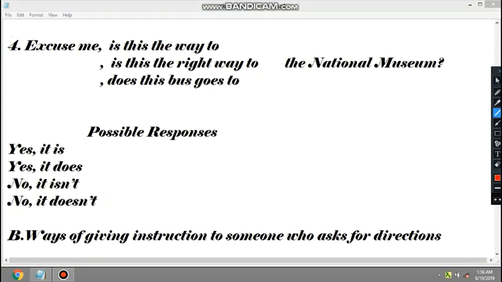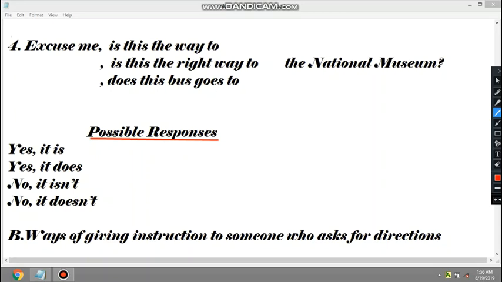Let's see the possible answers. Excuse me, is this the way to the National Museum? If it is, you will say simply in short, yes it is. Does this bus go to the National Museum? If it goes to the National Museum, yes it does. Or is this the way to the National Museum?